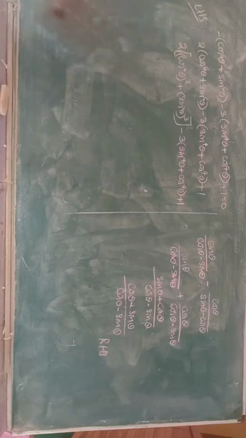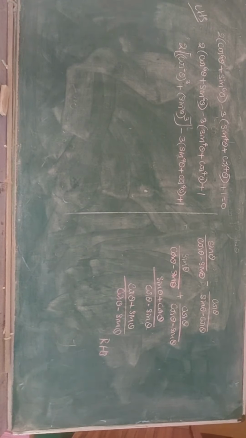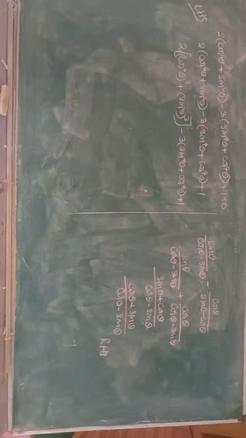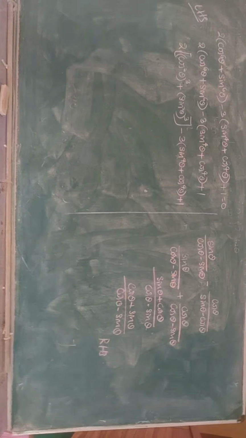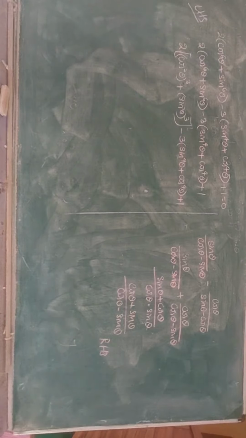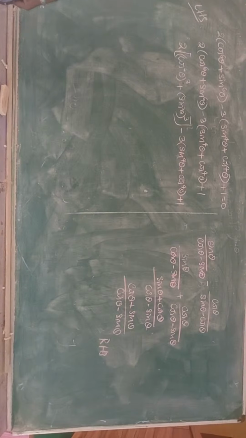Again and again I am telling you, a cube minus b cube and a cube plus b cube are a little different than the other identities, so do not get confused. A cube plus b cube is equal to a plus b into a square minus ab plus b square, and a cube minus b cube is a minus b into a square plus ab plus b square.